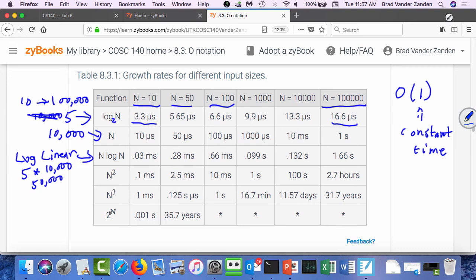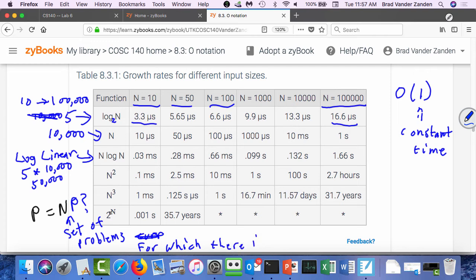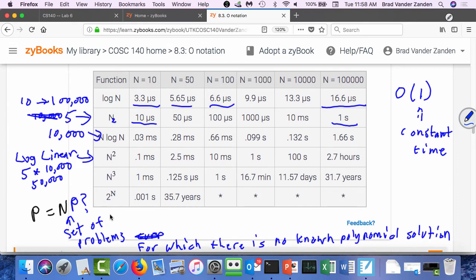That is, for the set of problems for which there is currently no known polynomial solution, do they have a polynomial solution?